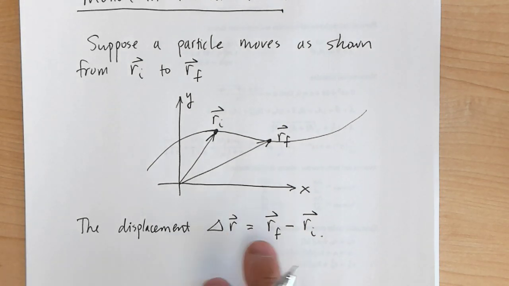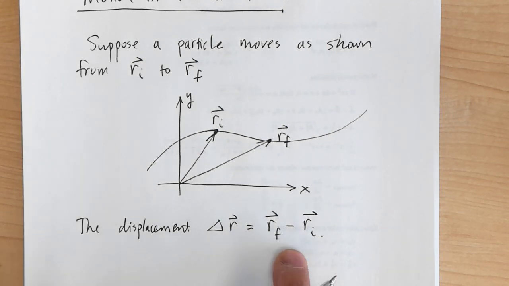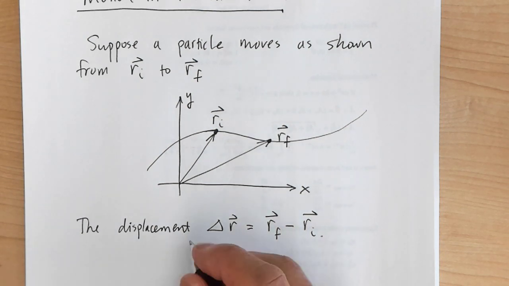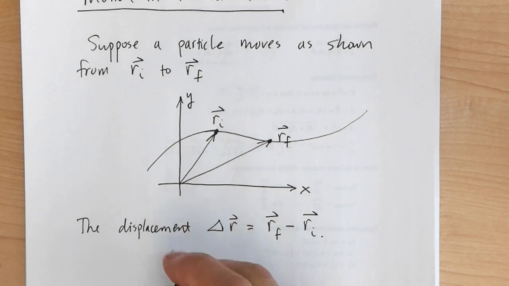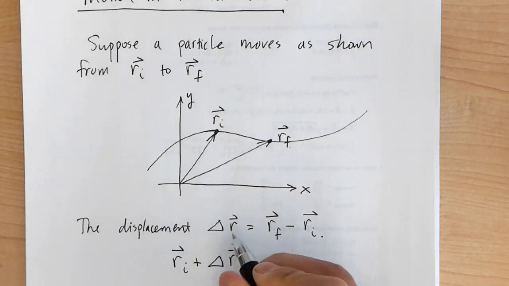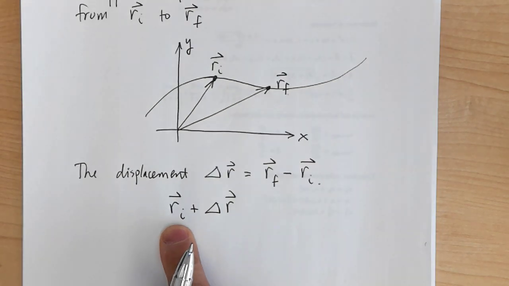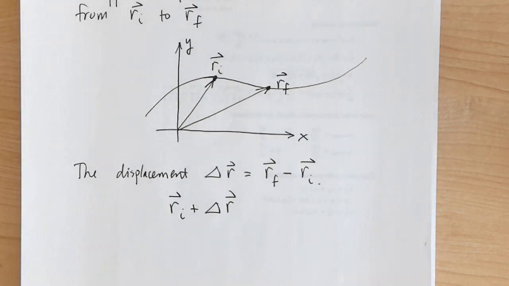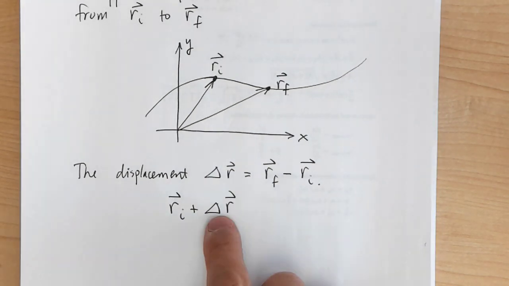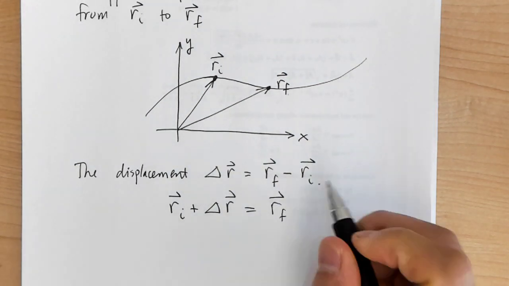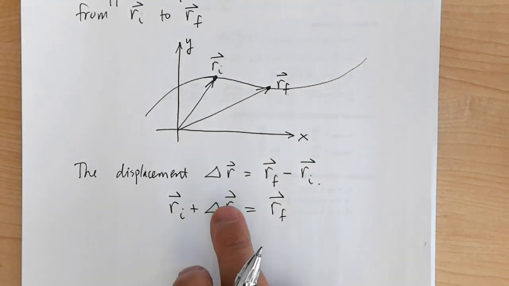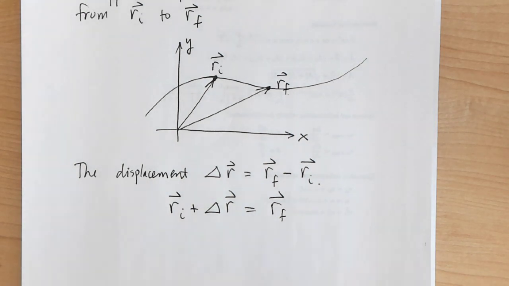When I think of the displacement, I think of the change in the position. So you might find it convenient to think of taking Ri plus delta R. The way I think of it is, this is the initial position, Ri. You make a change of delta R, and that's what gives you the final position. So therefore delta R is R final minus R initial.